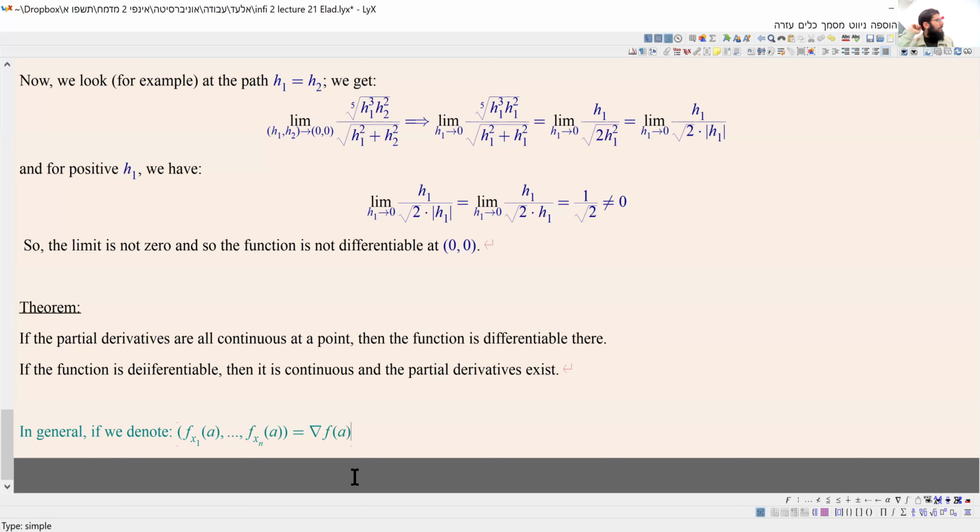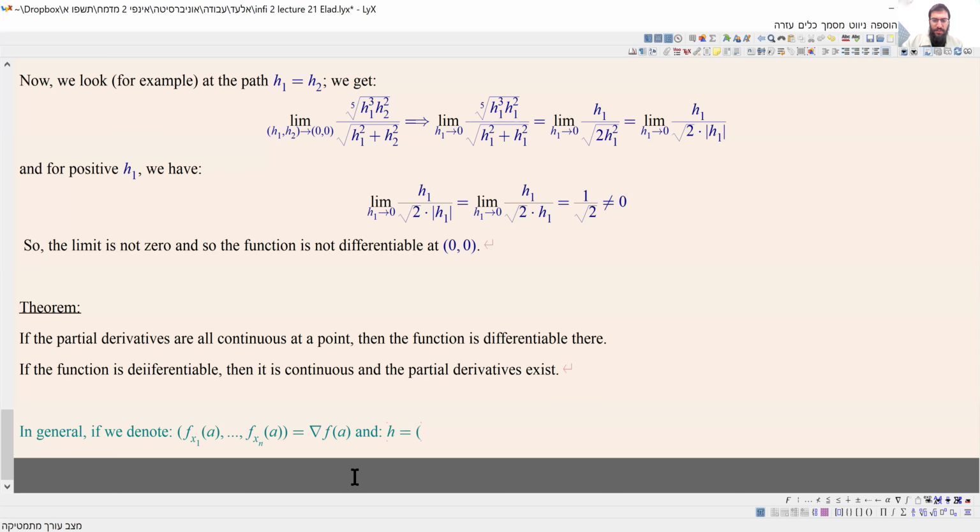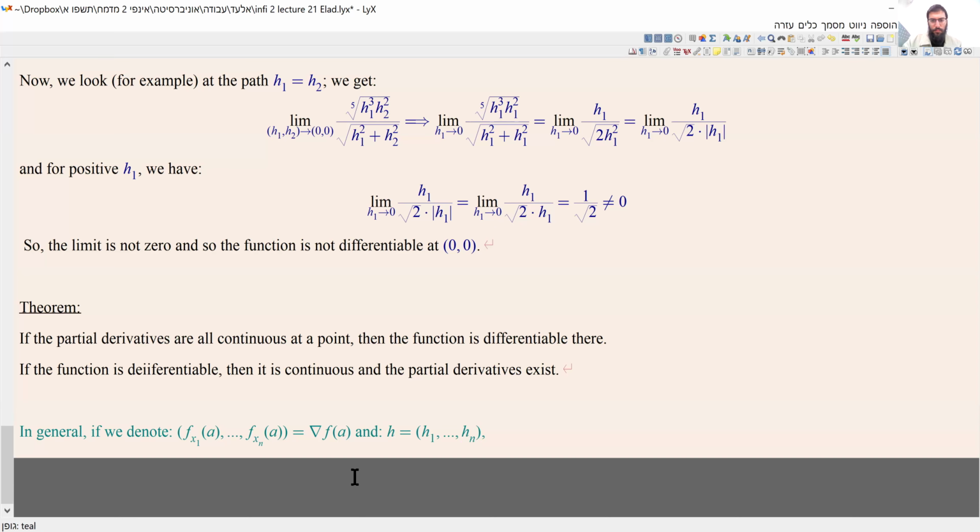It's called nabla. It's an upside down triangle, and we denote with h the vector of many h's.